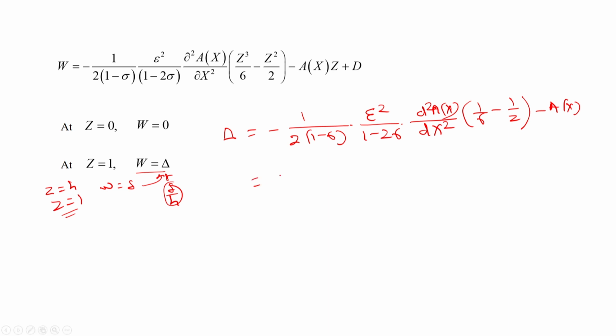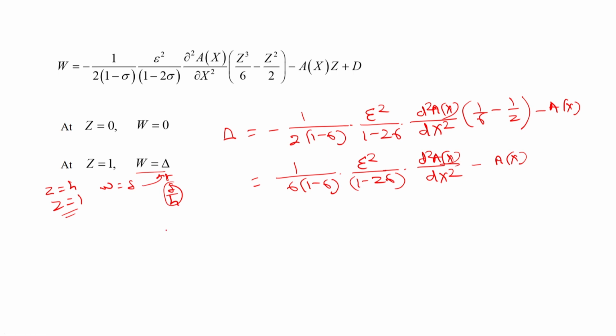So, this is 3 by 6, so it is 1 by 6 minus 3 by 6, which gives minus 2 by 6, so it is equal to minus a of x, and the minus signs cancel, so it is plus 1 by 6, that is okay.